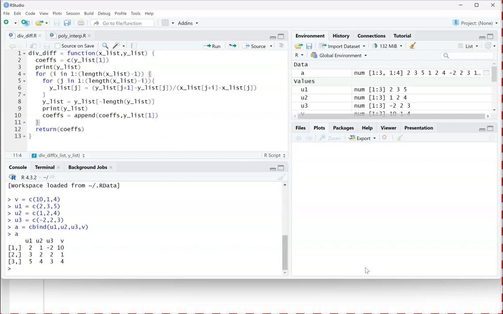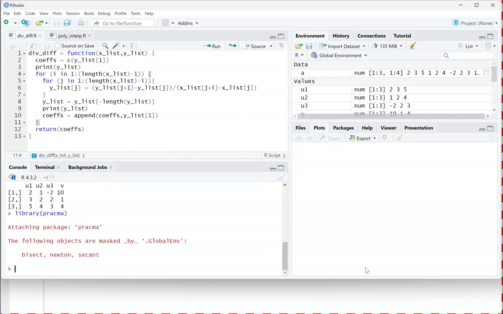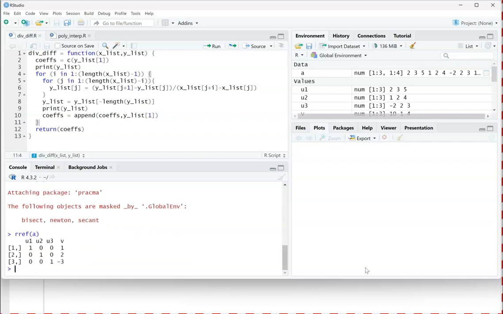Okay. I do have to remember if I'm going to use the reduced row echelon form command, I have to load up the pracma library, right? But now rref of A gives me those constants quickly, right?